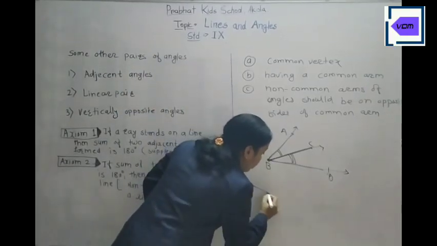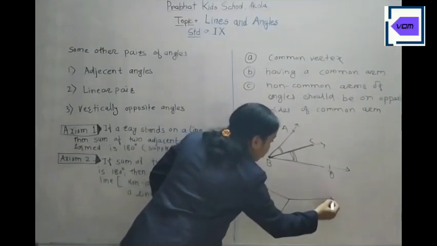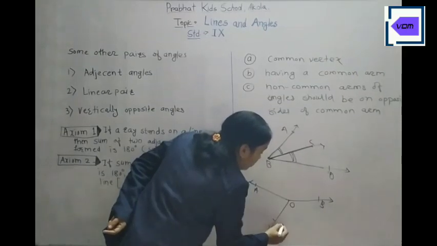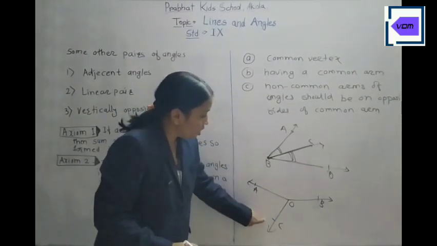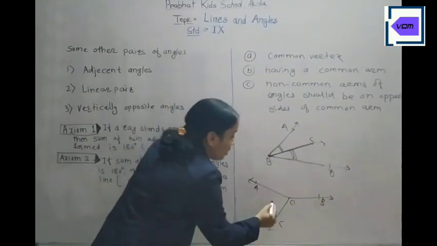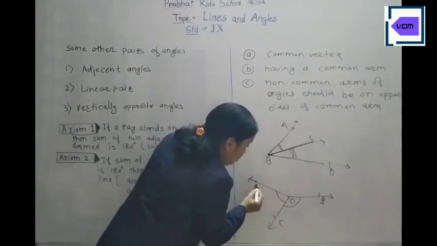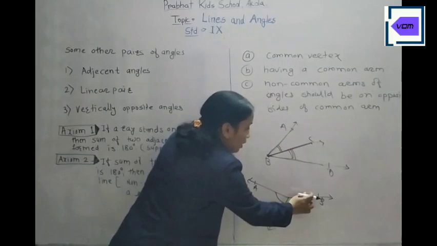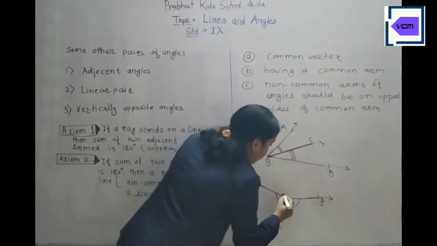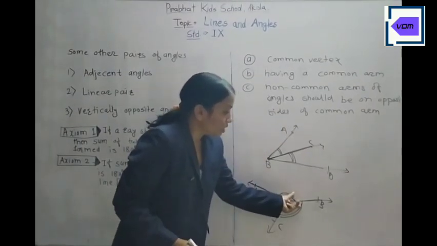You can see another example. These are the adjacent angles A, O, B, C. Now AOC and COB are adjacent angles having different measures, isn't it? Then again AOB and BOC, this angle and this angle, are again adjacent angles.